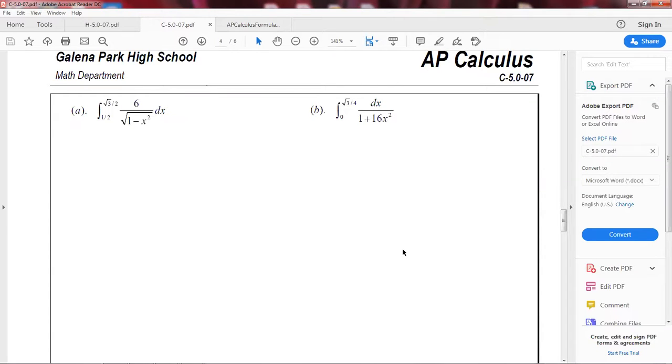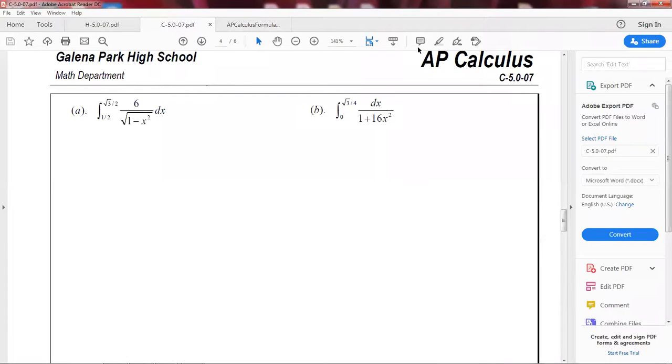It's going to be the integral from 0 to square root of 3 over 4 of dx over 1 plus 16x squared.